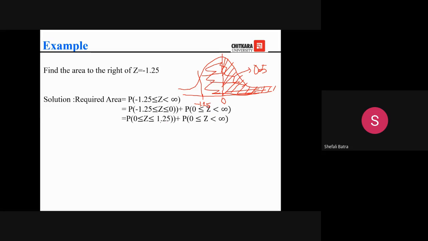You need the value of this. Check from the table. 1.2 in. Yes, Aditya, tell me. 0.3944. 0.3944. Okay. And this area we do have, ma'am. 4, beta.